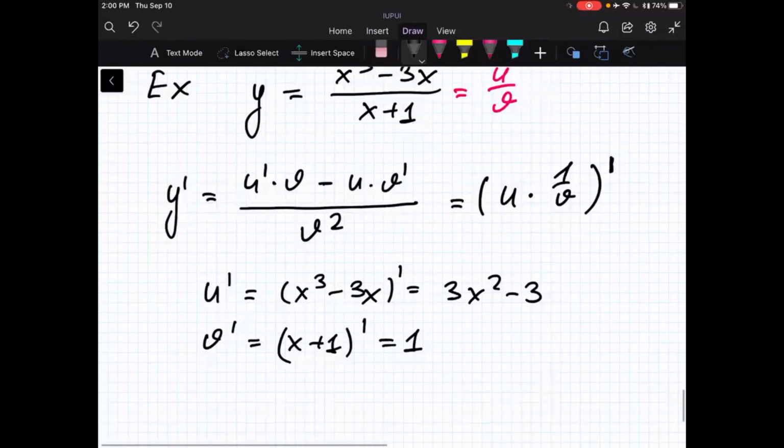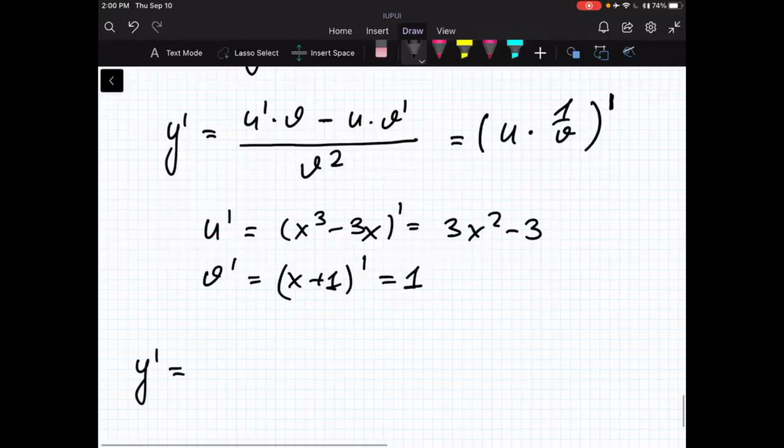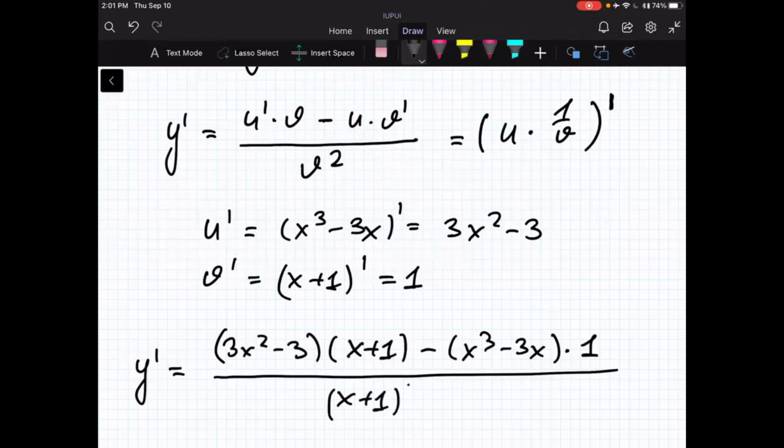And then let's plug it into the formula. So y prime thus will be 3x squared minus 3 times v, which is x plus 1, minus x cubed minus 3x, which is u, times v prime, which is 1, divided by x plus 1 squared.